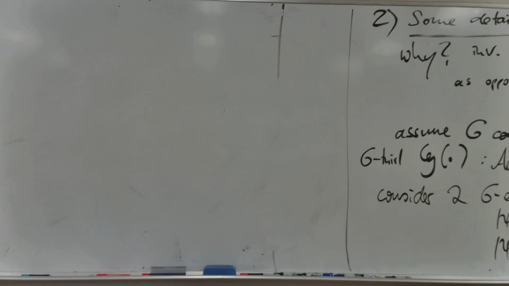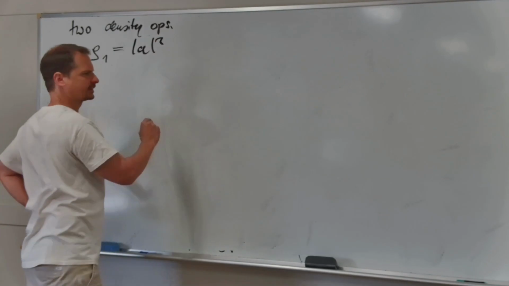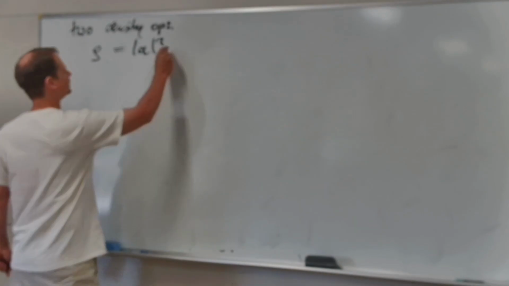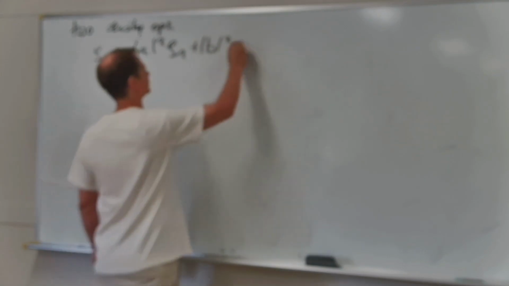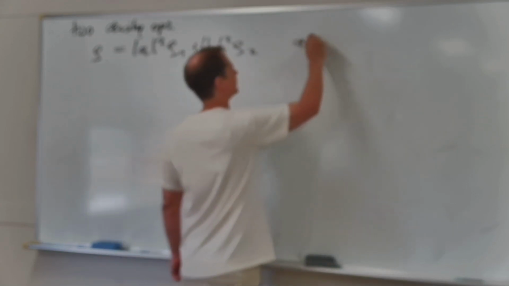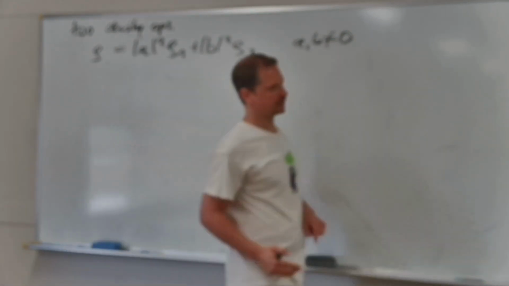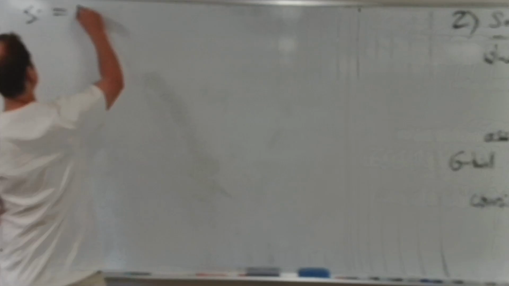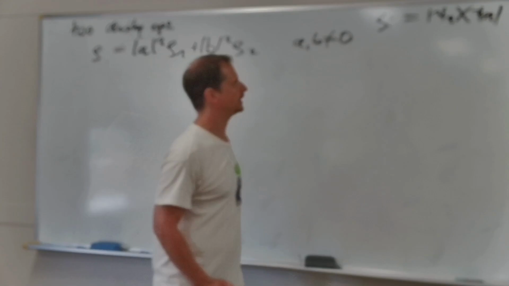Let's consider one to be given by some A squared rho 1 plus B squared rho 2, maybe with some non-zero coefficients. And rho 1 and rho 2 are just the density operators, so rho i is just the projector onto psi i.